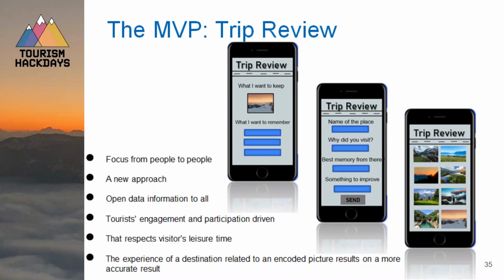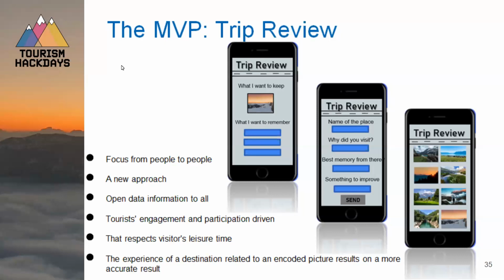We have the three most important points: people's collaboration, photos that can be used to prevent fake news, because since they took the picture, they were there, and easy access to people's points of view of the same place. So if another platform talks about that place, they will all be together in the trip review.